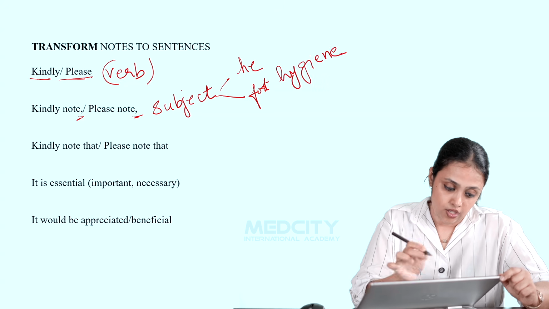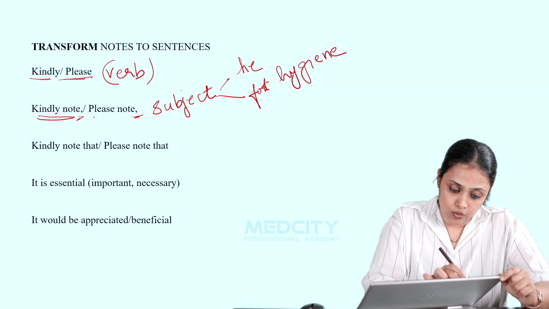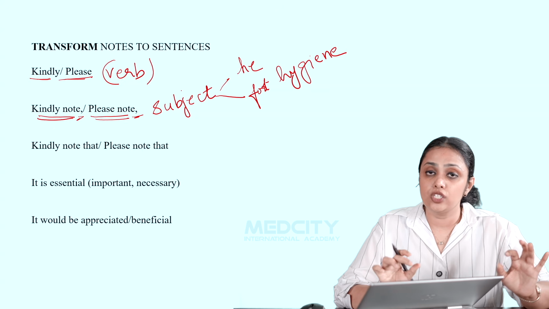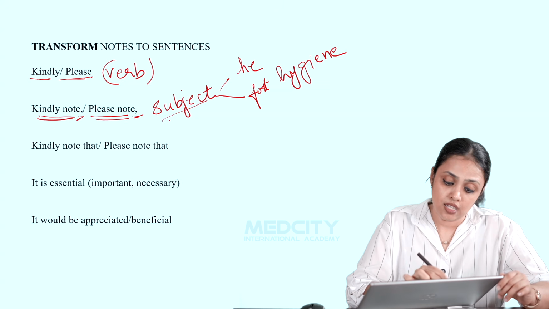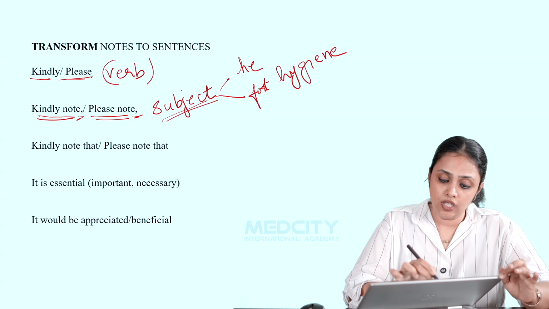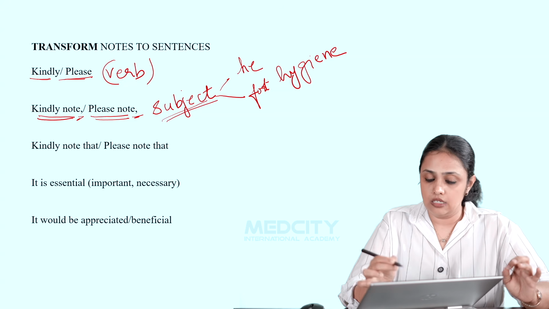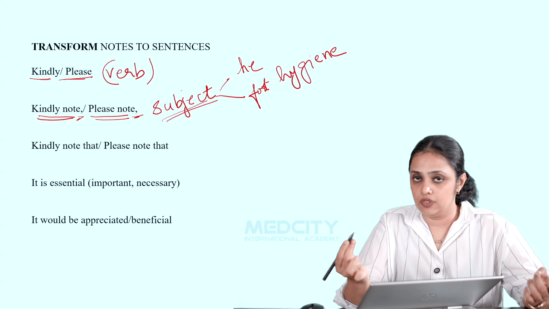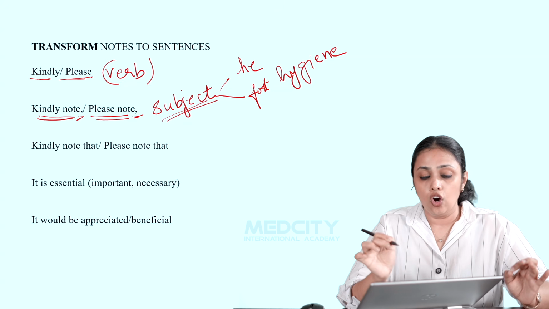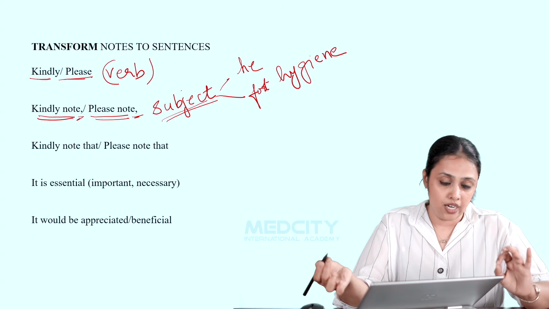subject. Whatever it is, you have to make sure that after kindly note or please note, please don't mention a verb there. Instead, it has to be a subject. The most straightforward form is that kindly note, he or she requires administration of morphine, or kindly note or please note, he or she needs to be educated regarding.